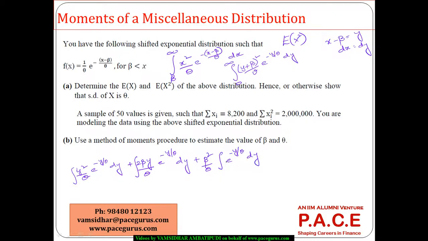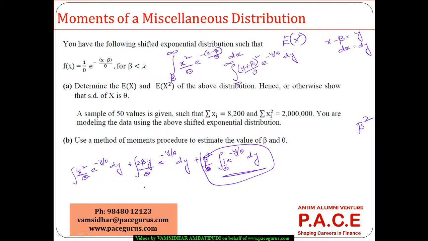Now if we remember, let me take 1 by theta inside. This integration between 0 to infinity, we have got it as 1 already: 1 by theta times e to the power of minus y by theta dy. So this term I know is beta squared.